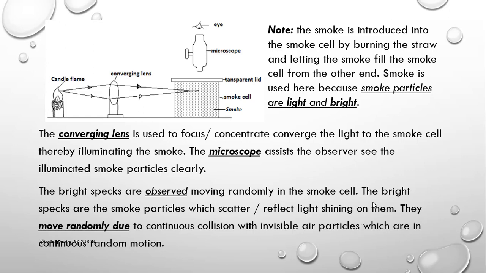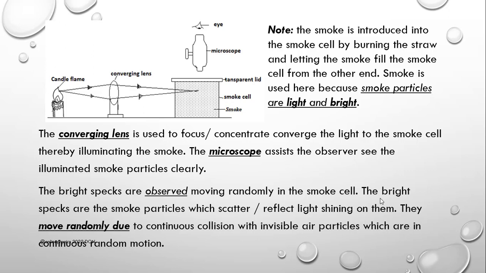We can also say we are able to observe bright specks in a continuous random motion in the smoke cell. The bright specks can be explained. Why are we able to see the bright specks? Once we have given the observation as bright specks being seen in continuous random motion, we can explain it. Why are they in continuous random motion?